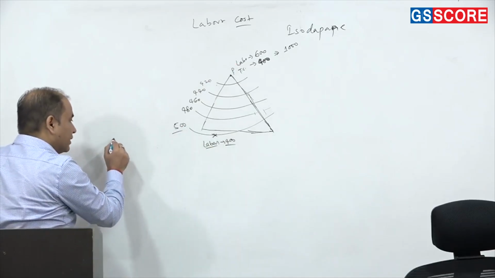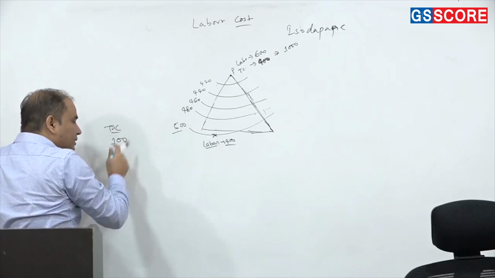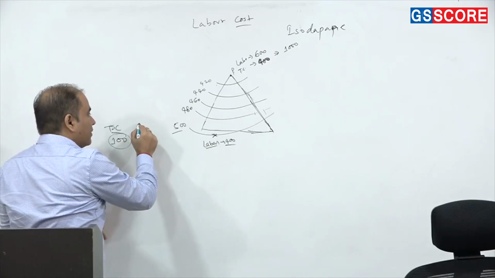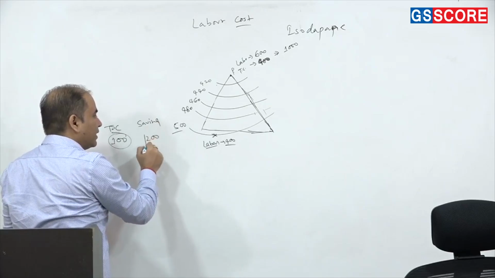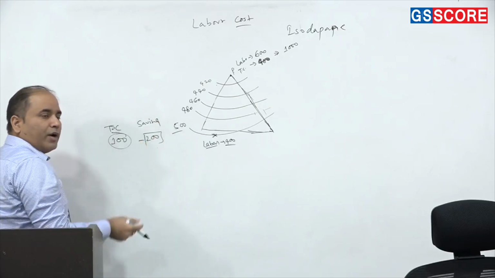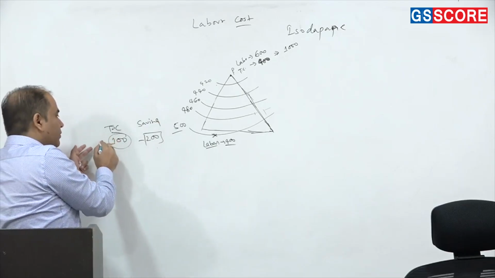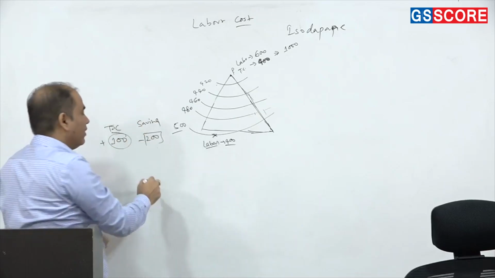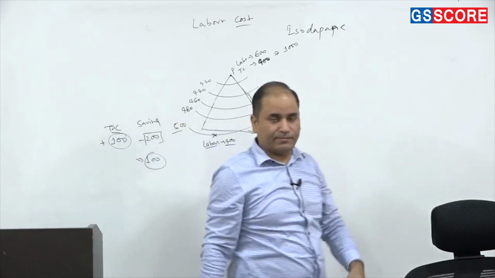Just try to understand: the extra transportation cost is 100 rupees, and the saving on labor cost is 200 rupees. So ultimately it is going to give you a profit of 100 rupees.